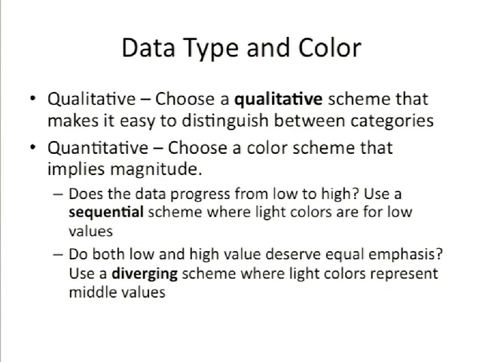On the other hand, if you have quantitative data and you care about how high a particular value is, then you want colors such that low values are very faint or light and the high values are quite dark. Sometimes, though, you've got quantitative data and you care about really high values and really low values, and the middle ones are not so interesting. In that case, you want the middle values to be a light color and the two extremes to be dark but not the same color so that you can distinguish between them.